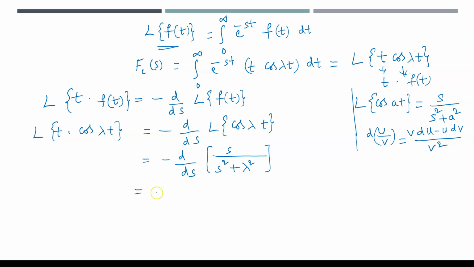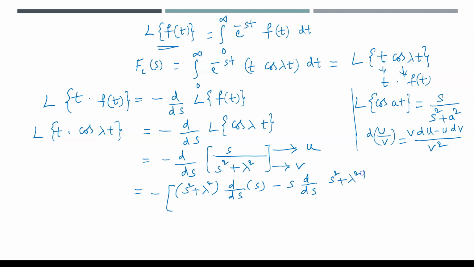So if you use this formula, here minus of s square plus lambda square is v, and the numerator is u. So s square plus lambda square into d by ds of s minus s into d by ds of s square plus lambda square, upon s square plus lambda square whole square.